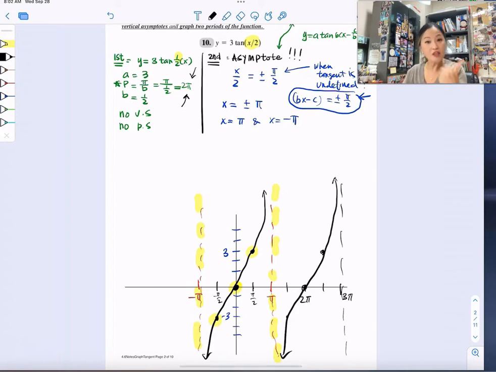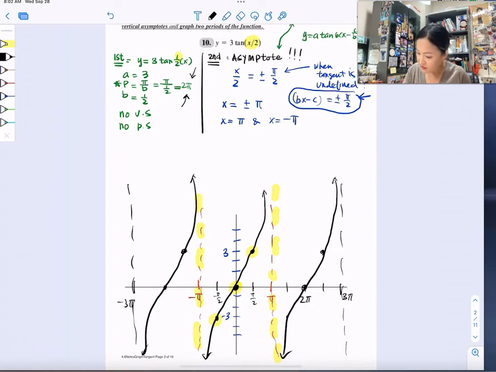Do you see that? Let's do some to the left. Wait, you're like, wait, we're not even graphing that much. You're right. 2 pi to the left, right? That's how easy tangent graphs are. You could kind of do this. And that's your 3, and this is your 3. Okay? But you only have to label for me the first cycle, 1 cycle, okay?